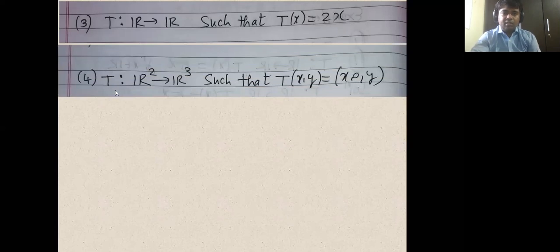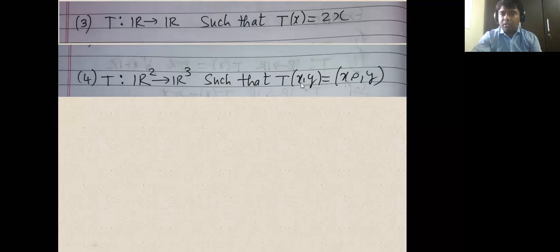See the next exercise: T from R2 to R3, such that T of x comma y equal to x, 0 and y. This is a very interesting mapping. T of two components is getting values in the three-component space.